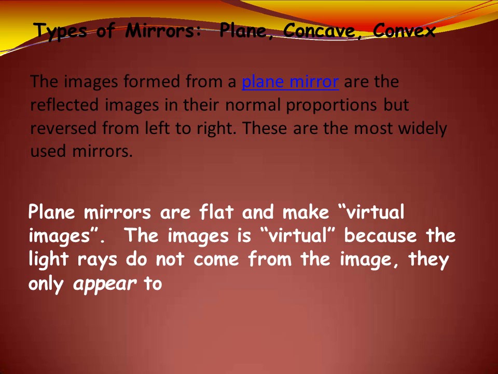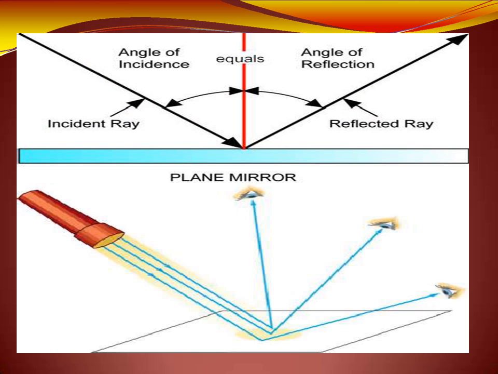A real image is inverted, but this is a virtual image. Look here, the angle of incidence is equal to the angle of reflection. In a plane mirror, the same thing happens.